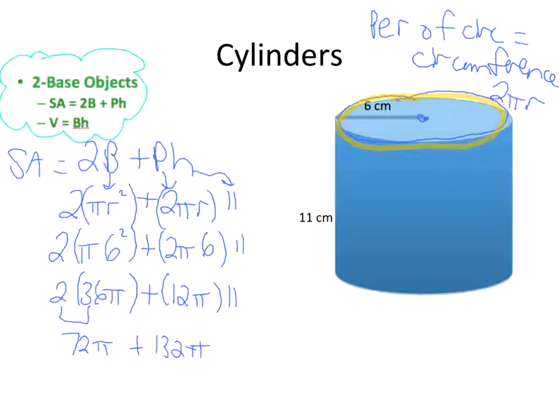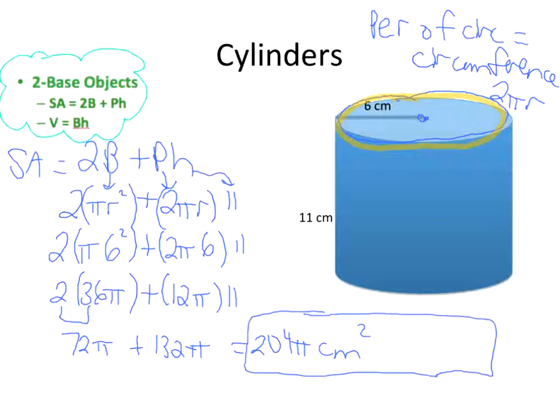We can sort of think of pi like a variable. If I had 72x plus 132x, I'd be allowed to just add the 2 numbers together. You can do the same thing here. So my 72 pi plus 132 pi gives me 204 pi centimeters squared.